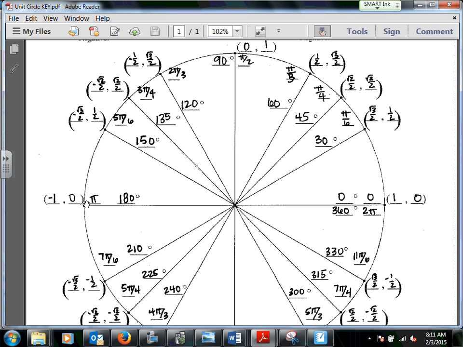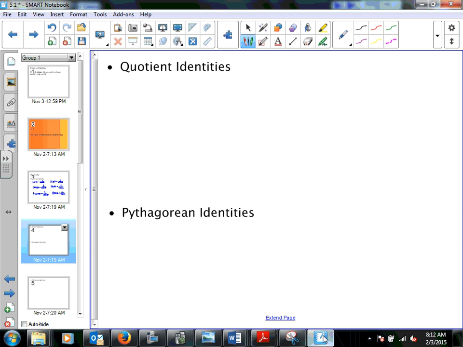If we were using the unit circle and I said, hey, evaluate the tangent, how would you do that? Y divided by x. Now, what does the y coordinate stand for on the unit circle? Sine. What does the x coordinate stand for? Cosine.